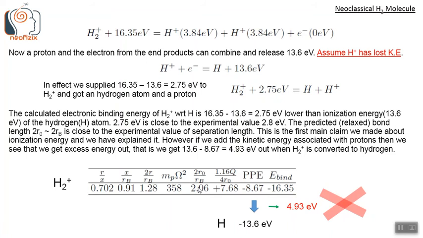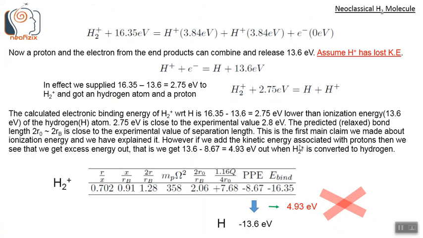So this is pretty close. So this is the first main claim we made about ionization energy, that this ionization energy is 2.8 electron volts, and also we get the separation length close to the experimental separation length 2 Rb. So this is the first claim made, and we have explained the claim.